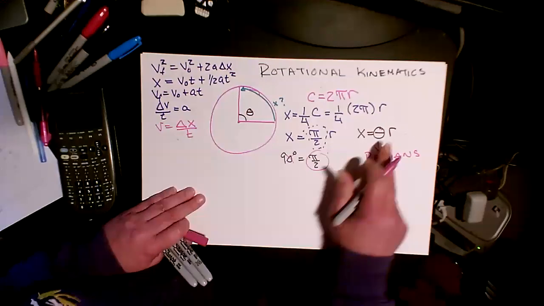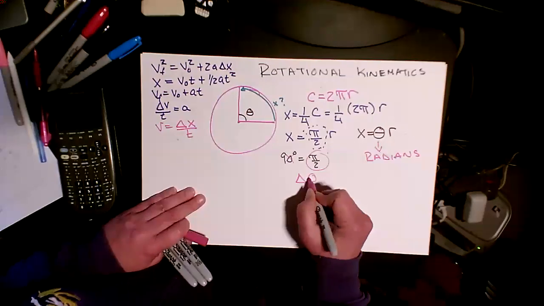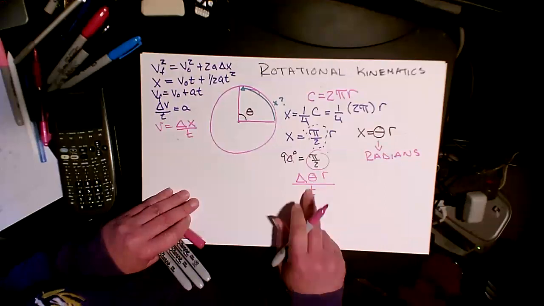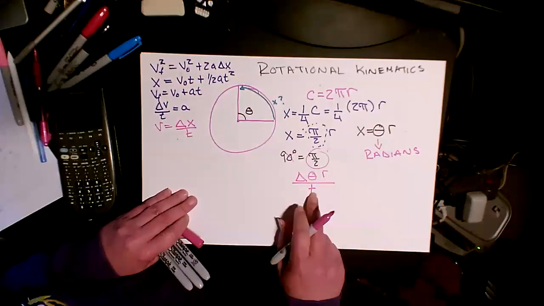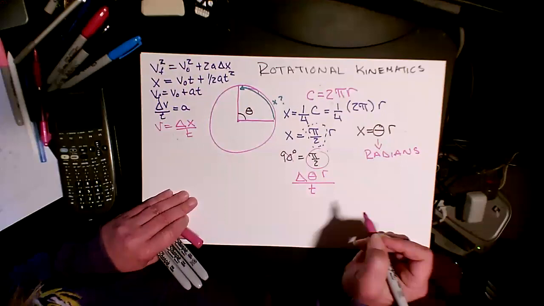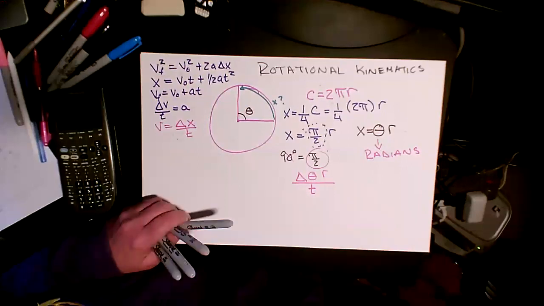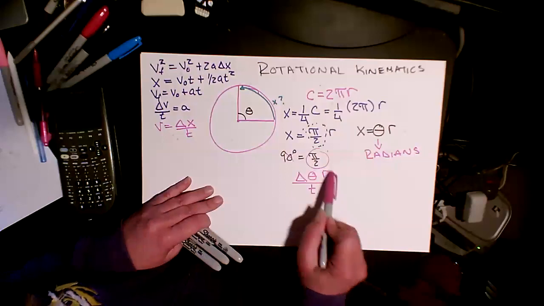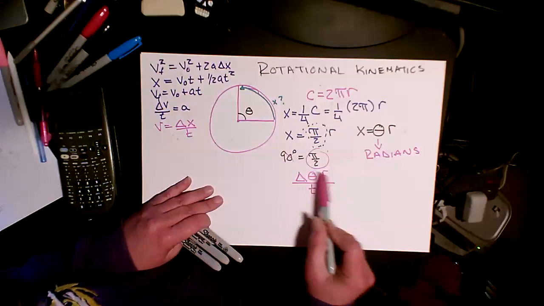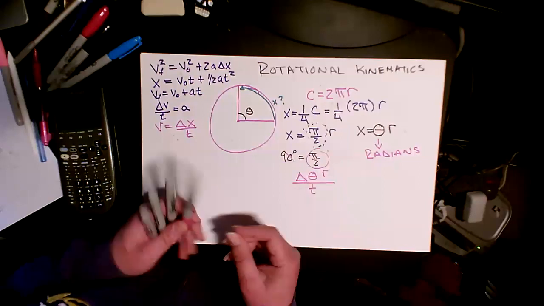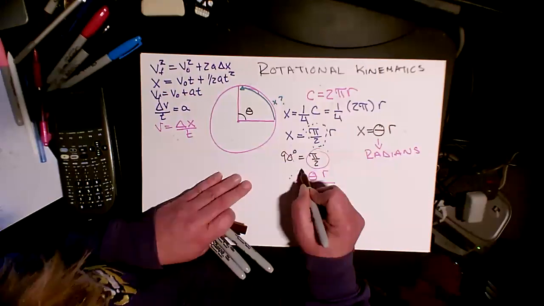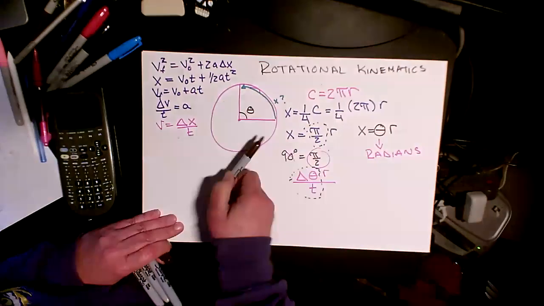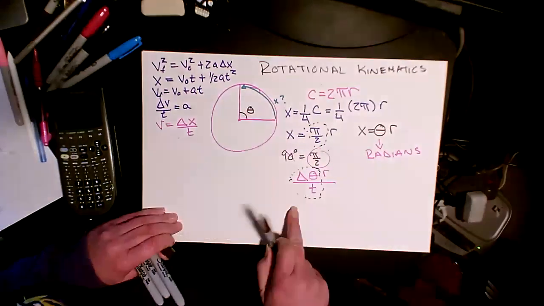So if x is theta r, a change in theta r over time gives velocity. What this gives me is how quickly this rotation is happening: how quickly am I going through my unit circle per unit time?